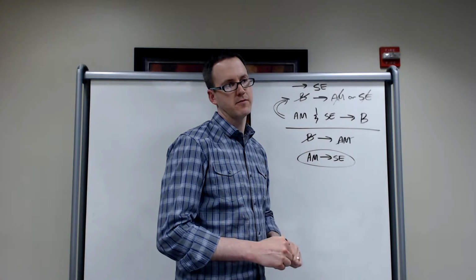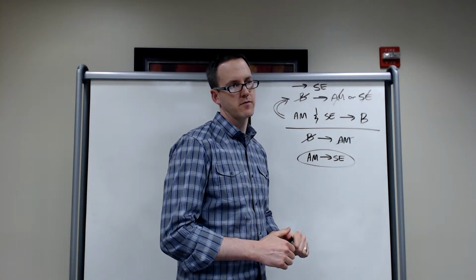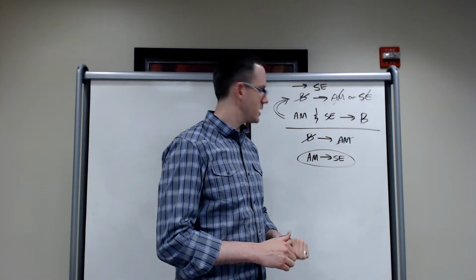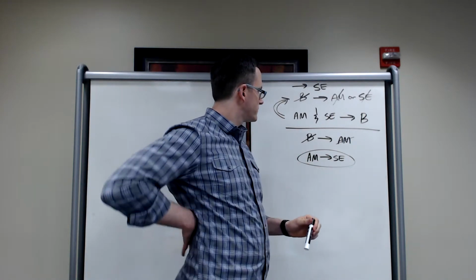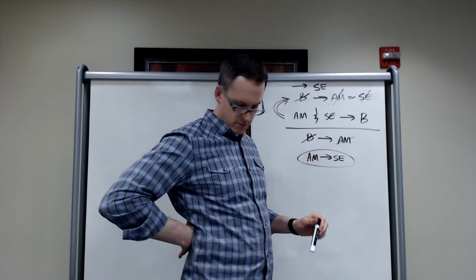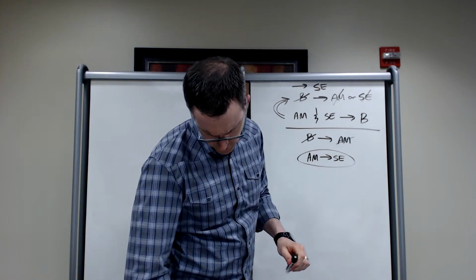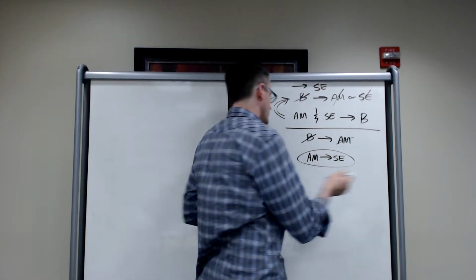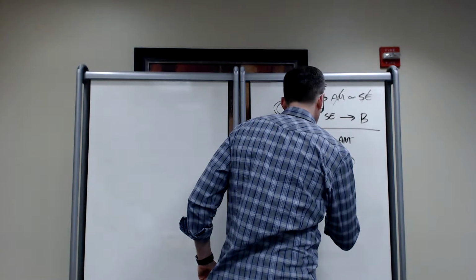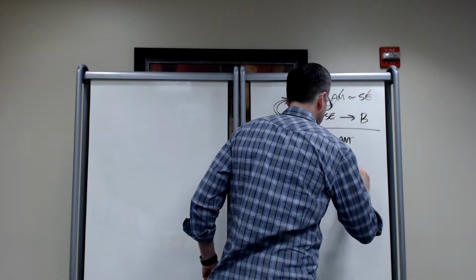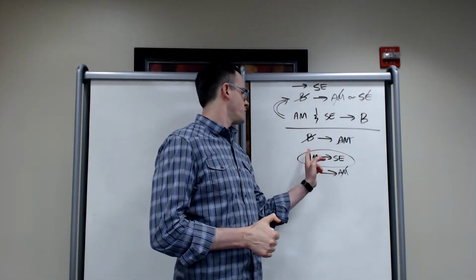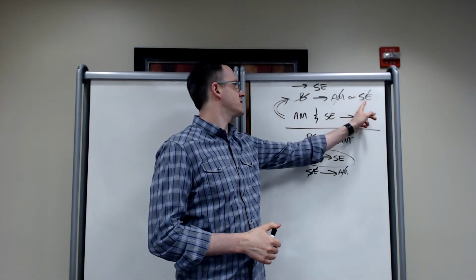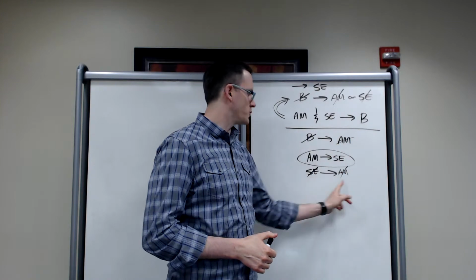The whole thing is trying to force it so that you always end up with not AM. The contrapositive leads to the answer: if you don't have SE, then you don't have AM as well. So regardless, you would not have AM.